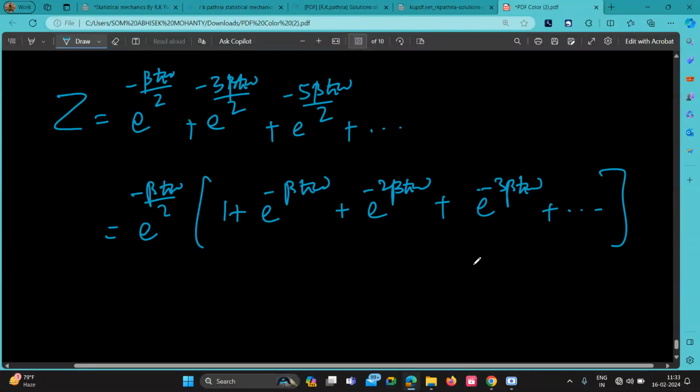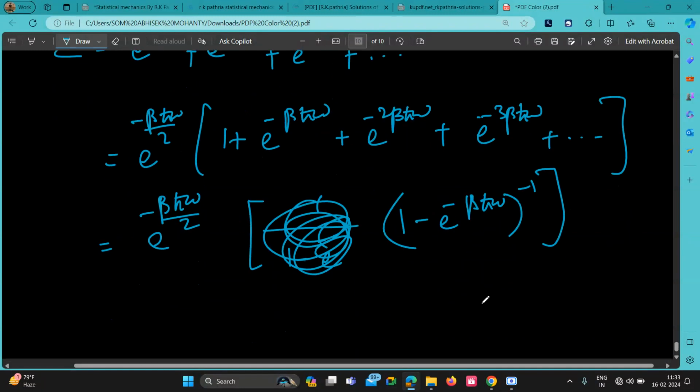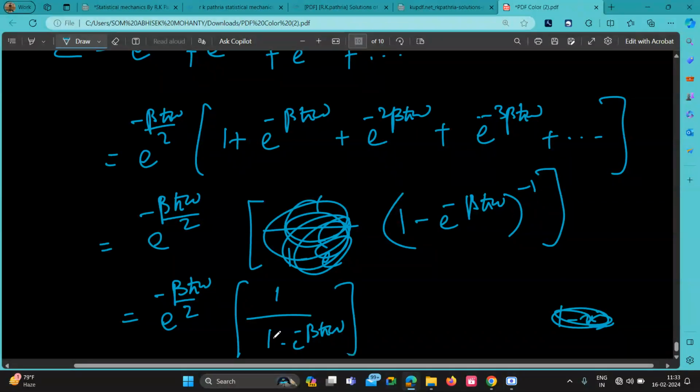So if you see, the inside part is actually an expression for 1 by 1 minus e to the power minus βħω. This is actually the binomial expansion for (1 minus e to the power minus βħω) to the power minus 1. So I can write it as e to the power minus βħω by 2, times 1 by 1 minus e to the power minus βħω.